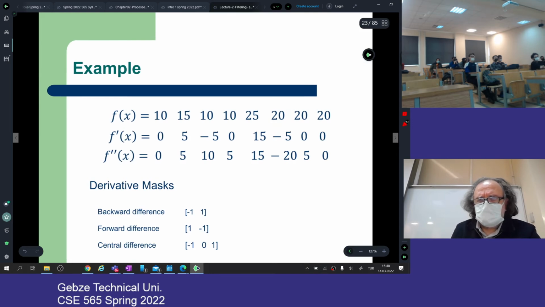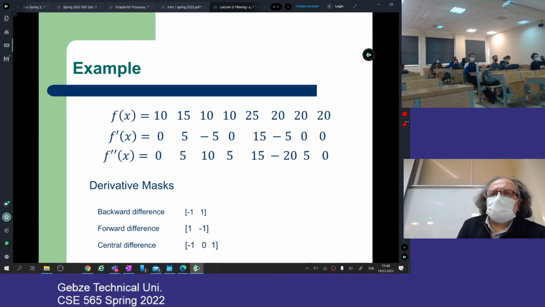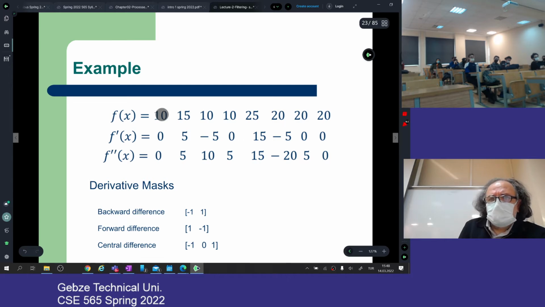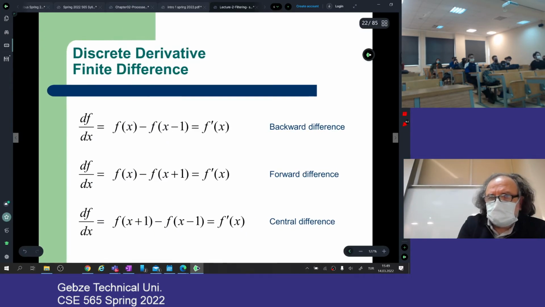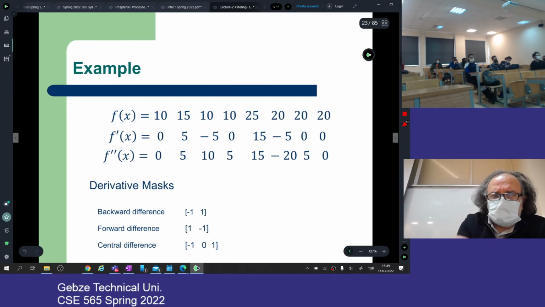Let's look at this one. For the first element, it's going to be a problem. Why? Because I don't have f(x minus 1). I know f(0), but I don't know what f(minus 1) is. So this 0 is not exactly right. Instead of 0, maybe I should have said I don't know.